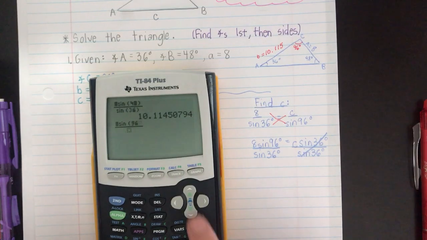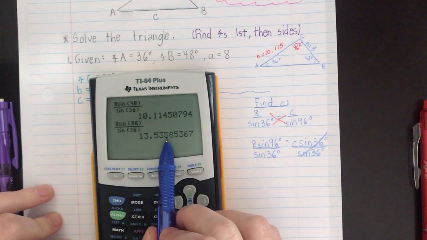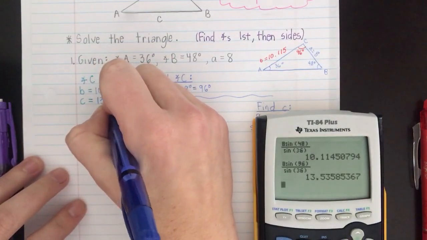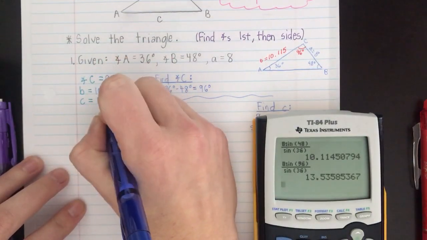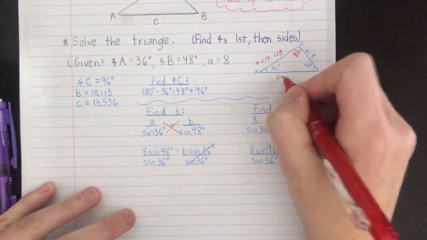Sine of 96, close it down, sine of 36, and we get 13.536 units. So C equals 13.536 units.